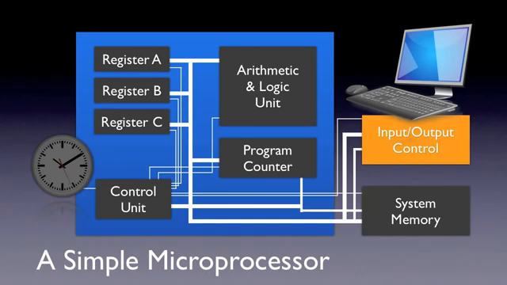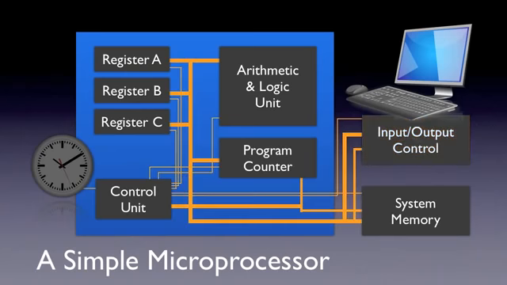And the input-output control consists of circuits to allow connecting devices such as a keyboard, mouse, and screen. Linking all these different units are buses. Buses are simply parallel wires that allow transmission of many bits of binary data from one part of the computer to another.